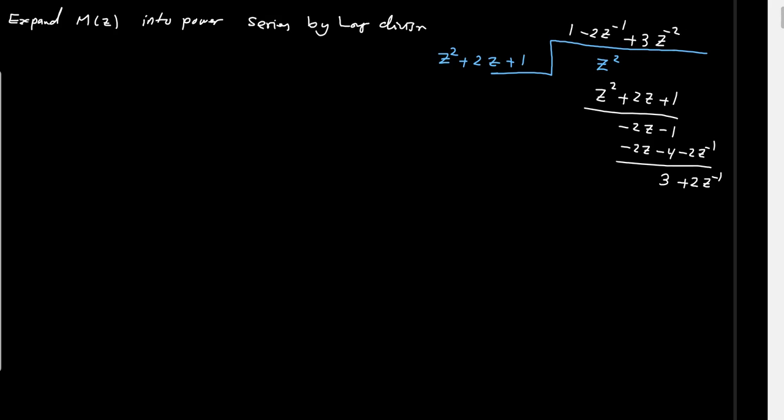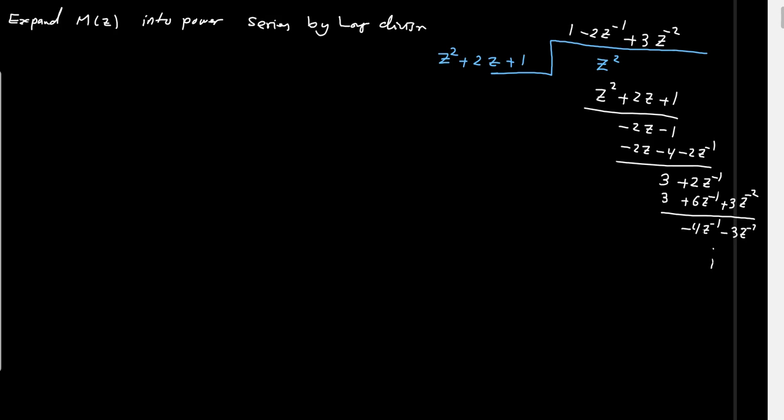So in order to have 3 here, we'll multiply by plus 3z^-2, and this will generate 3 plus 6z^-1 plus 3z^-2. By subtraction, we will have minus 4z^-1 minus 3z^-2, and we can continue.